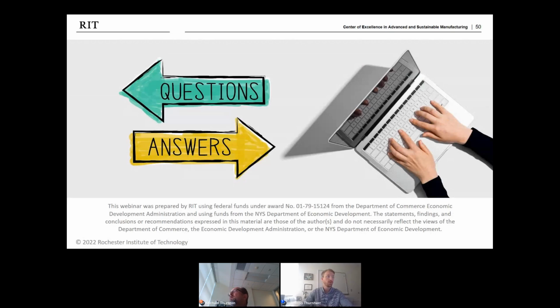Looks like we do have one. One question we have is, we don't have an ERP or MES system. Can we still use data analytics? We look at an ERP as being somewhat of a foundational tool in digital manufacturing because it does centralize much of your data.